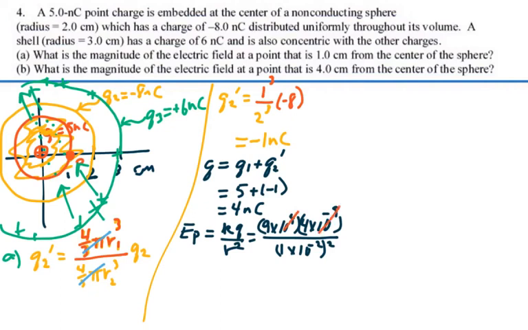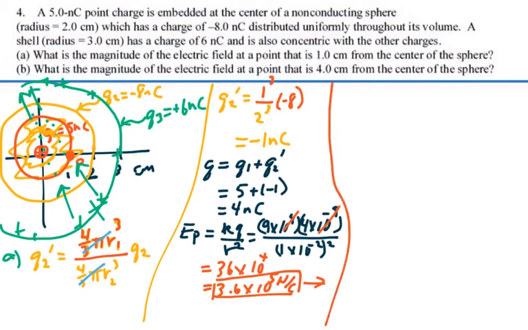And we have 36 divided by 10 to the minus 4. So that's going to be 36 times 10 to the 4, which would be 3.6 times 10 to the 5 newtons per coulomb. Positive, so it'll be emanating away from the center. As we run, it'll be in the positive x direction from the center of that origin.